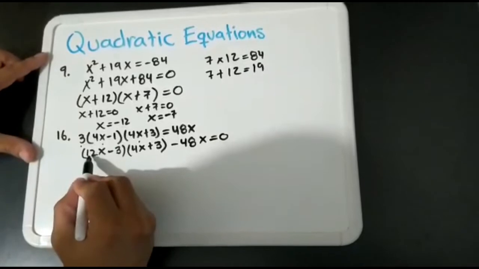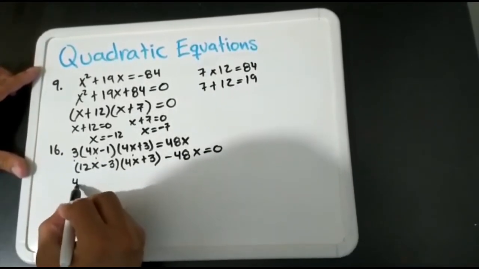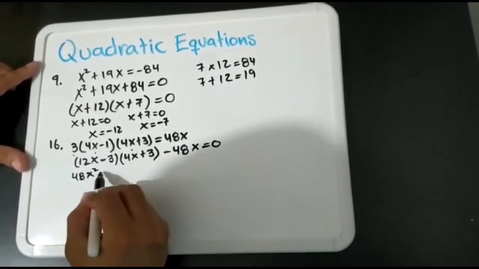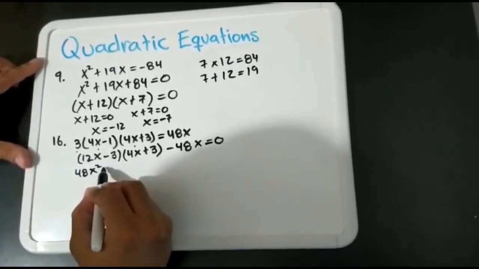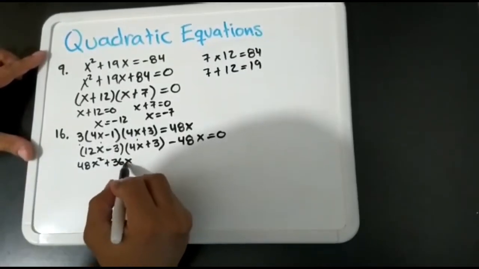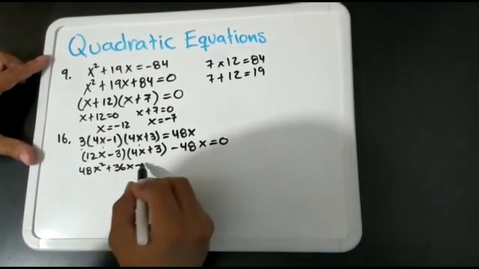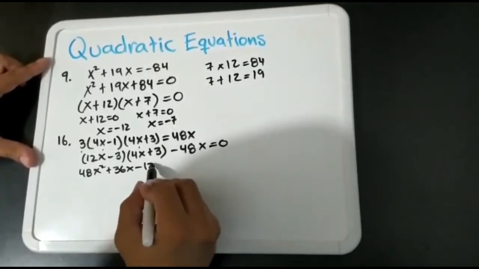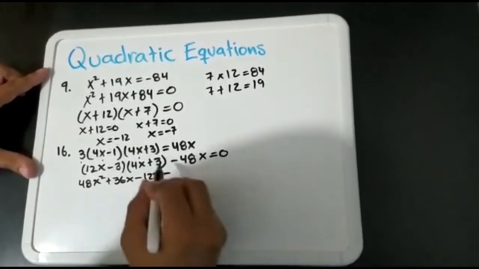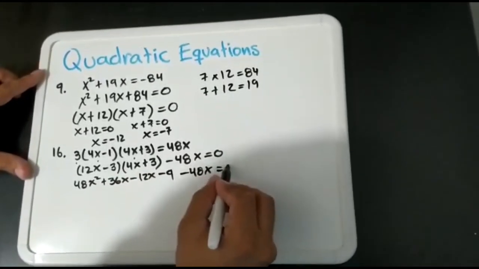We're going to multiply 12x times 4x, that is going to be 48x squared, and then 12x times 3, that is going to be 36x, and then minus 3 times 4x is going to be minus 12x. Negative times positive is going to be negative. 3 times 3 is going to be 9, and then the minus 48 here equals 0.